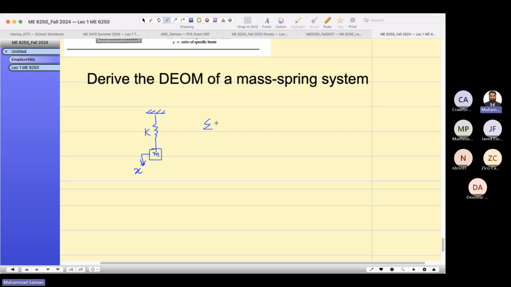So first of all, I would draw the free body diagram of this mass. This mass I just isolated from the system, and this is my force, I would say minus kx. Now here mg equals k times static deflection. This delta is static deflection.